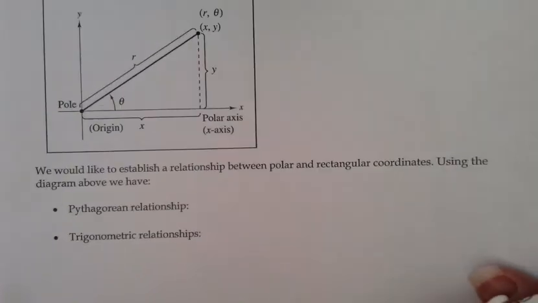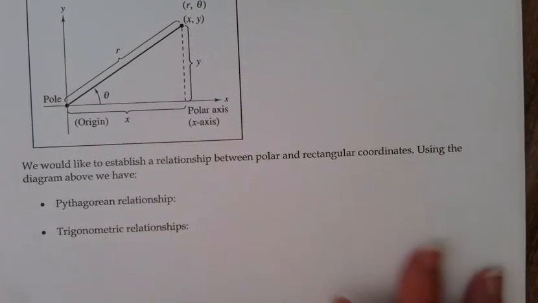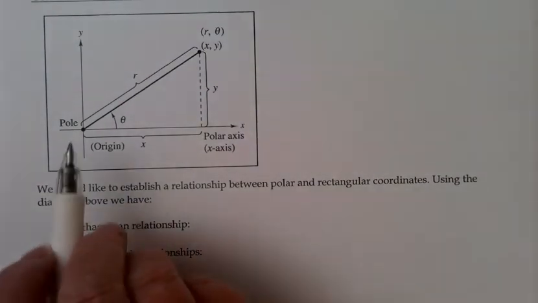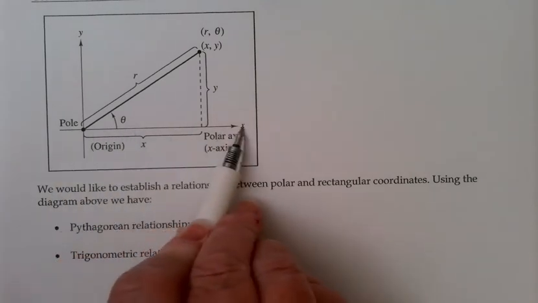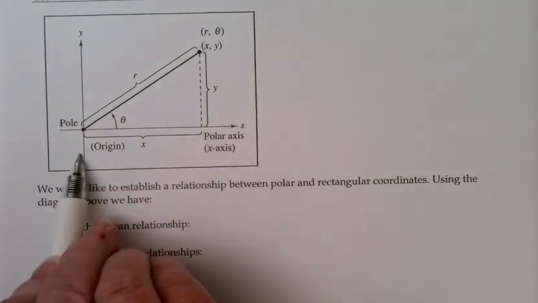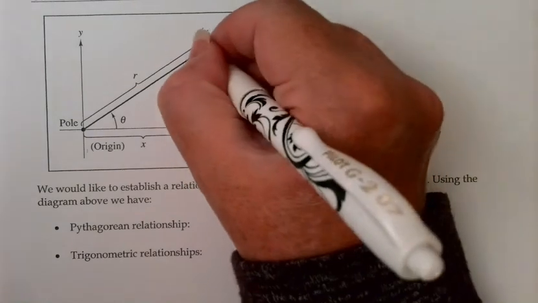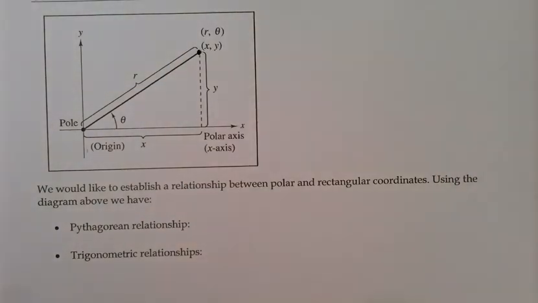All right, we are now ready to talk about the comparison or conversions between polar and rectangular coordinates. If you imagine your x-axis, which we're now calling the polar axis, and your y-axis here perpendicular to it through the pole, then for this one point, we've now got 2 different ways to represent it, right?